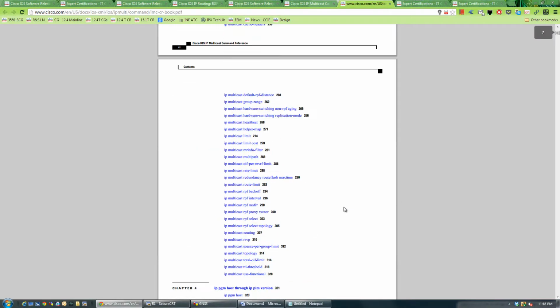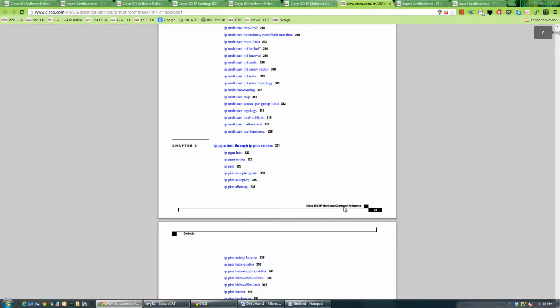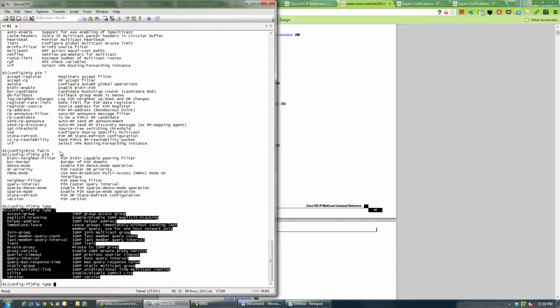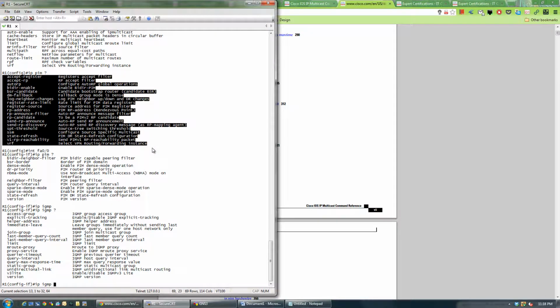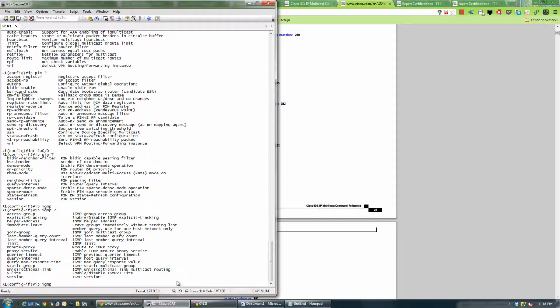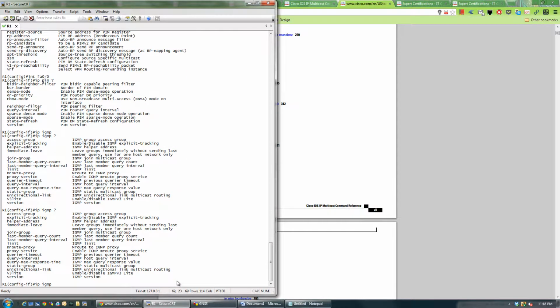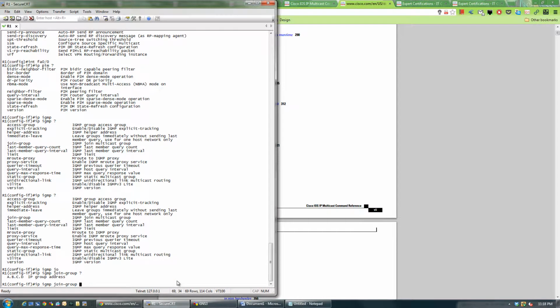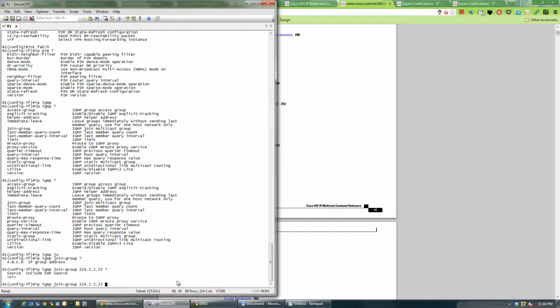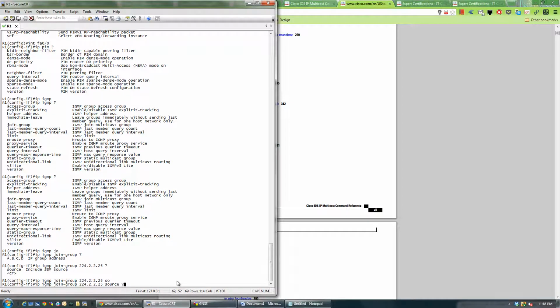But you should be able to practice all these commands that you have at your disposal, and then sub commands. So for example, IP IGMP, then the sub command join group, then another sub command, like join group 224.2.2.25, then another sub command source, another sub command.